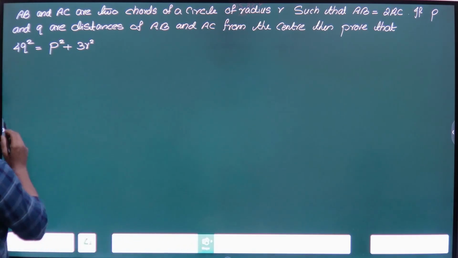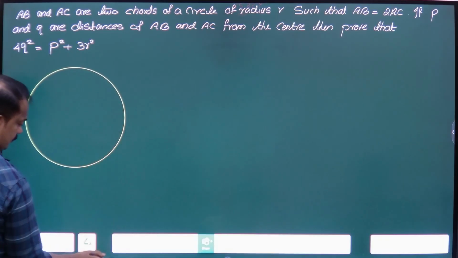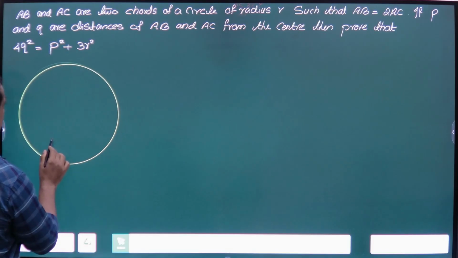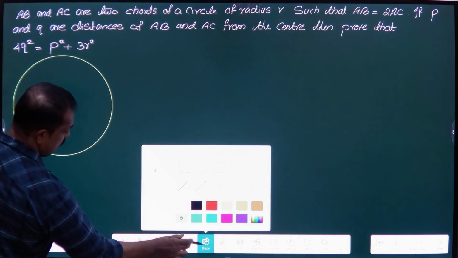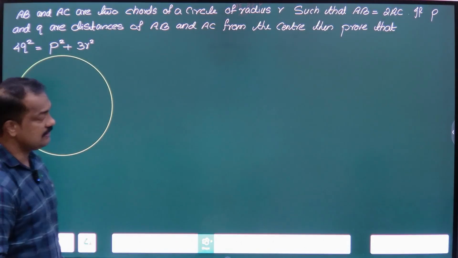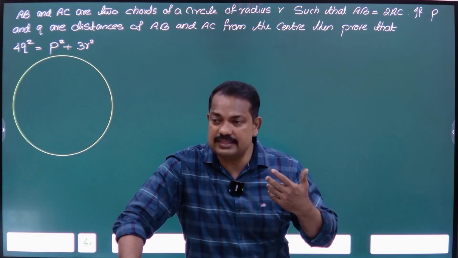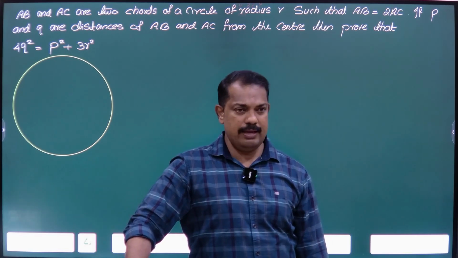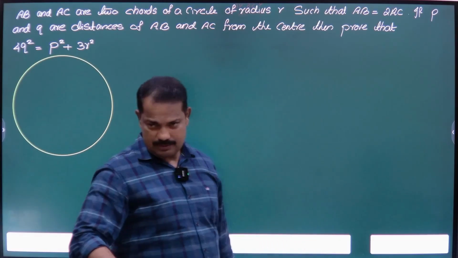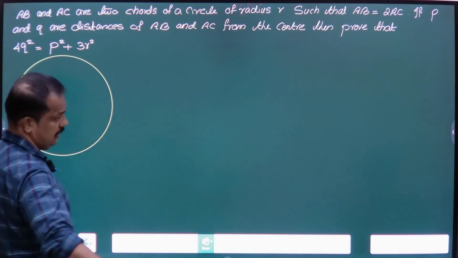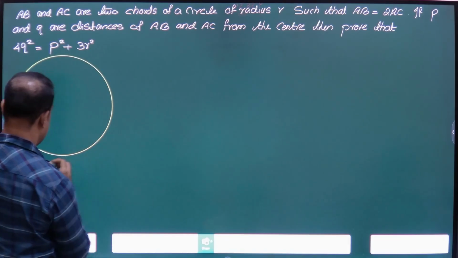Draw the figure. The two chords are given, AB and AC. According to this question, the length of which chord is greater, AB or AC? AB, because AB is equal to double of AC. That is given.